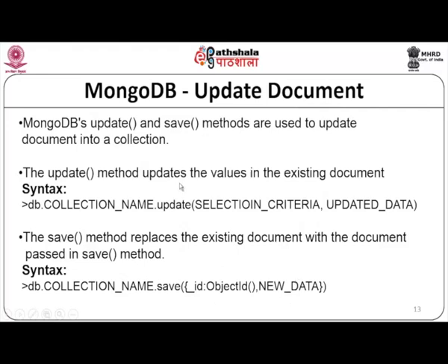So, the two methods called update and save, though they both work in different ways, both are essential for updating data. One is for changing the values in the existing document and the other is for changing the values associated with an existing value. In other words, it is simply replacing the existing document.